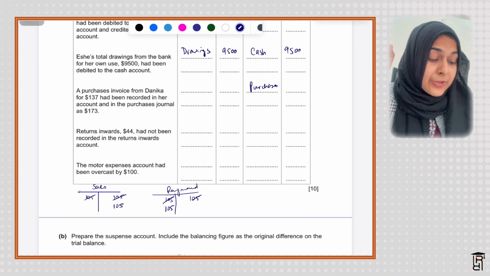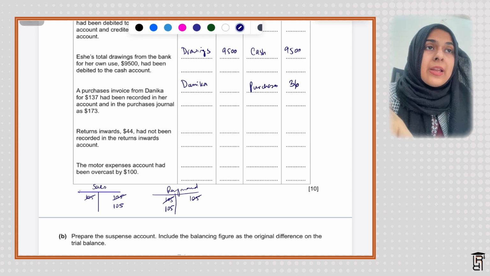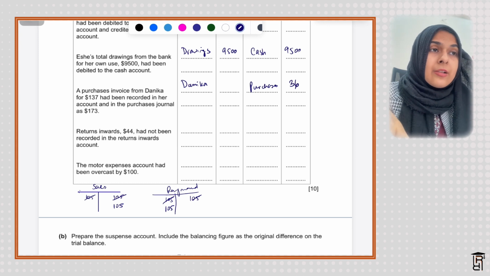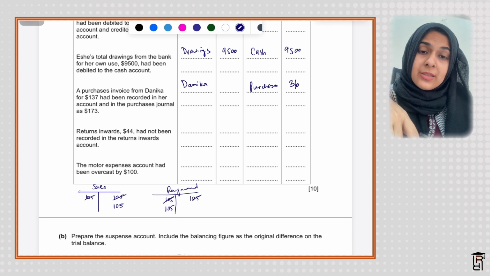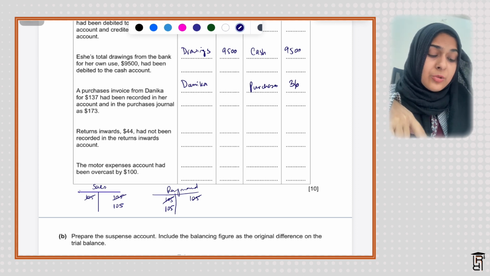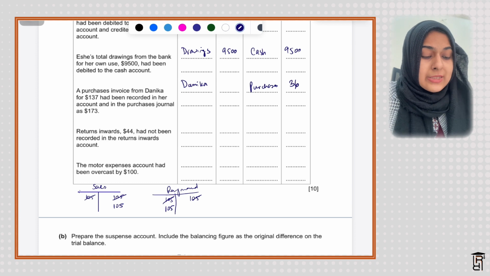So you credit the purchases account, you record 36, and you debit Danika's account, because Danika was a credit supplier, and that means you had credited 36 extra in Danika's account. So now you have to debit Danika's account in order to reduce the liability and bring it to the correct amount, that is 137. So you debit Danika by 36.